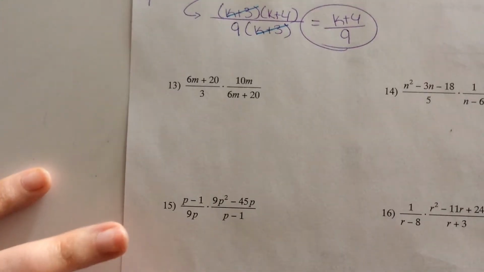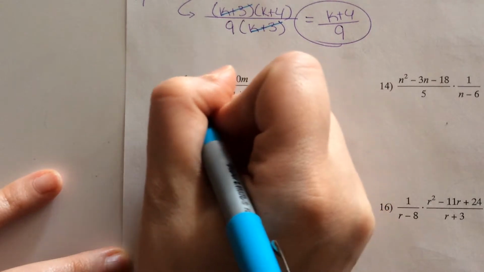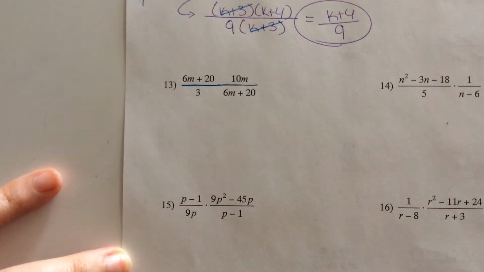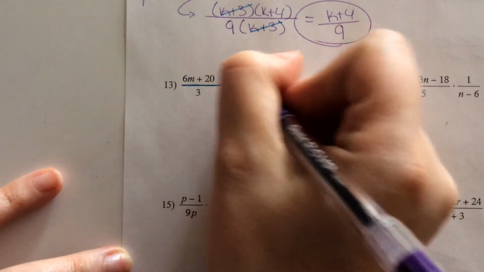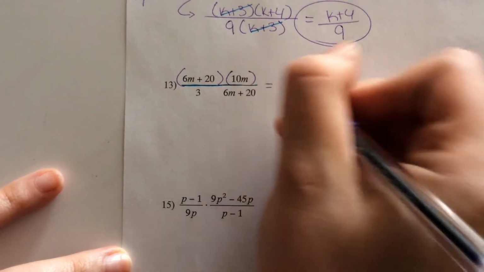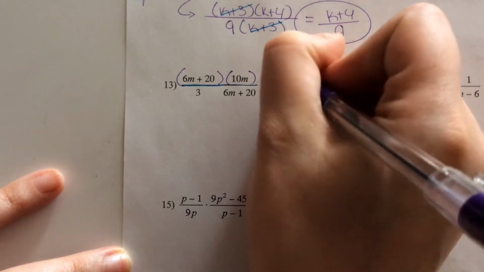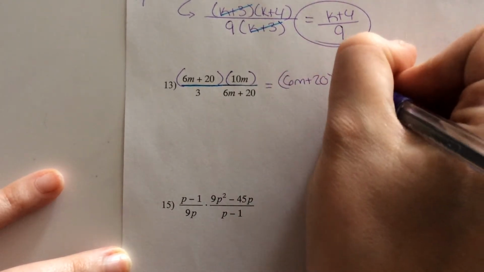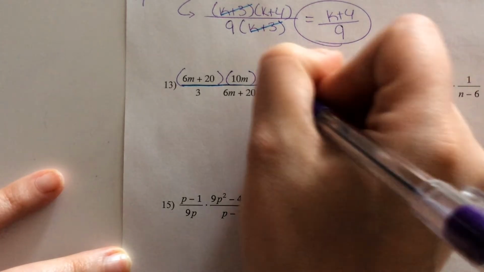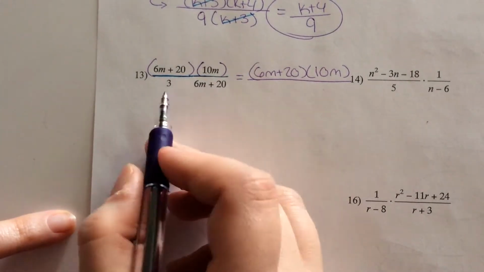Okay, moving on. Again, multiplication goes straight across the top and straight across the bottom. So let's see. We're just going to put these two factors next to each other. Leave them factored out. Okay. Divided by, same thing here. We're going to leave these factored.